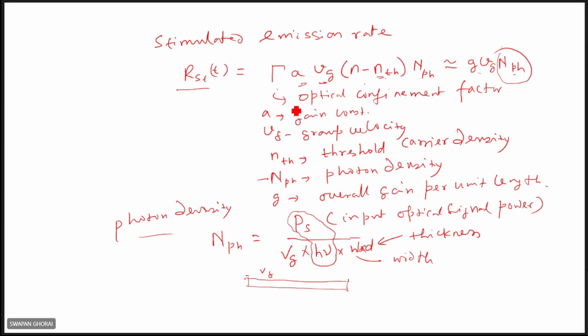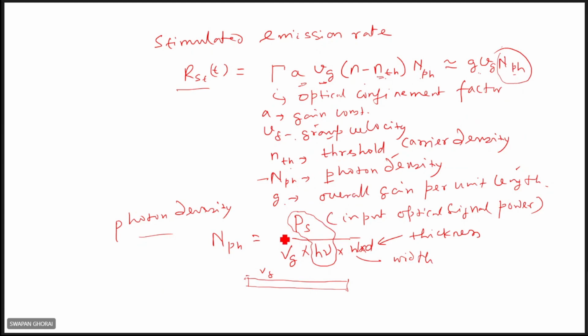On the parameters: a, the gain constant; v_g, the group velocity; n_th, the threshold carrier density; n_p, the photon density; and g is the gain factor, that is the overall gain per unit length, right?